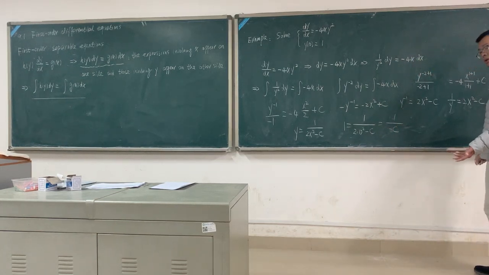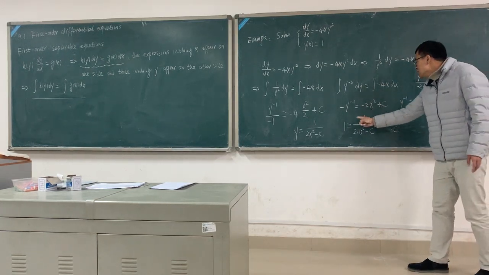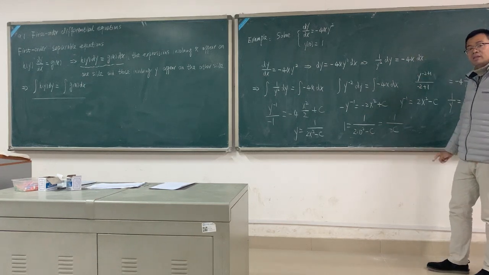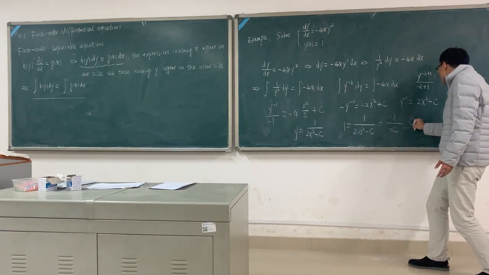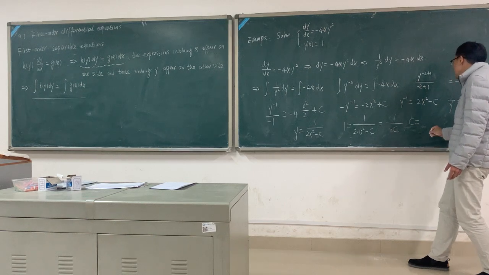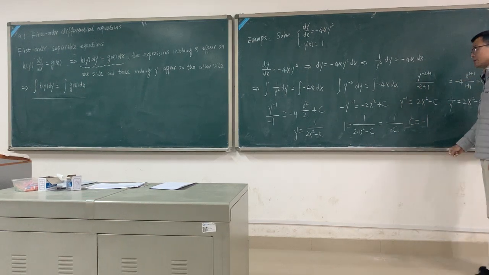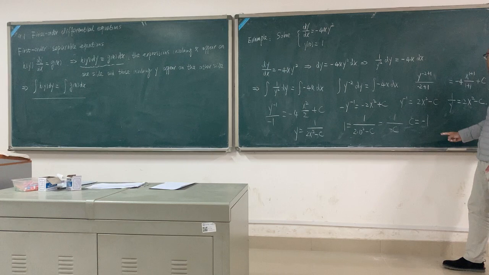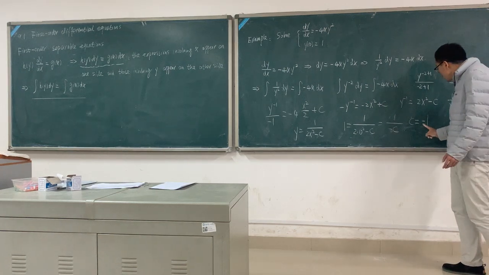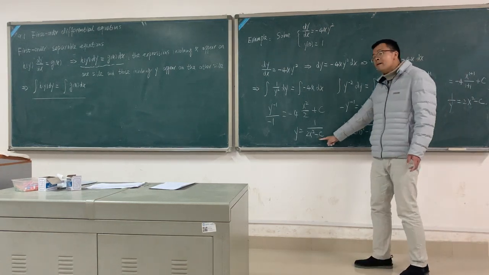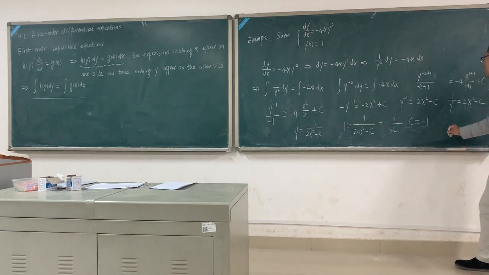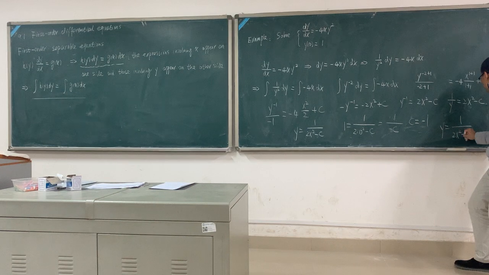So 1 equals 1 by minus c, so c equals what? c equals minus 1. Substituting c equal to minus 1, the result is y equals 1 by 2x squared plus 1.